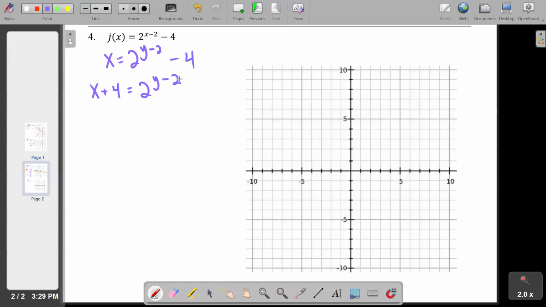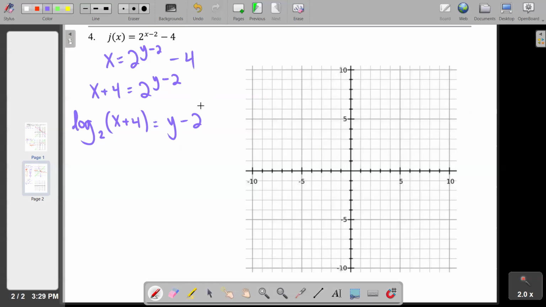Next step. Log base 2 both sides. Good for you. So if I log base 2 both sides, it's going to say log base 2 of, you need parentheses, x plus 4 equals y minus 2. Because as you know, the log base 2 on the right cancels out the 2, and then you just drop the exponent down. Last step?